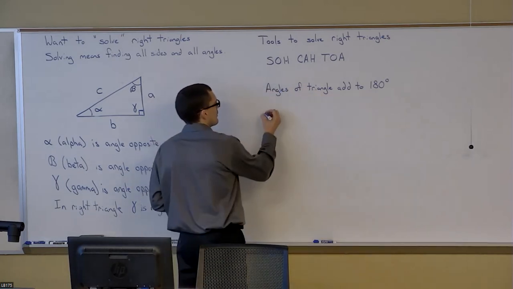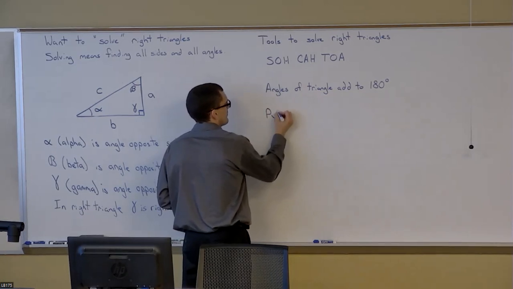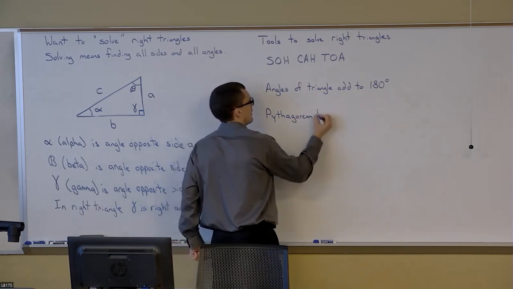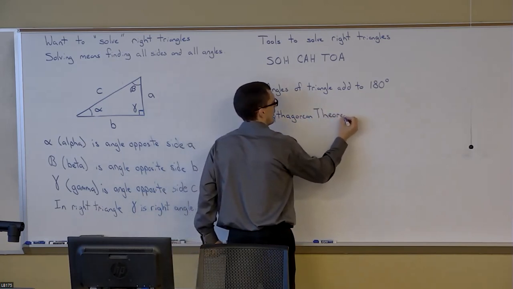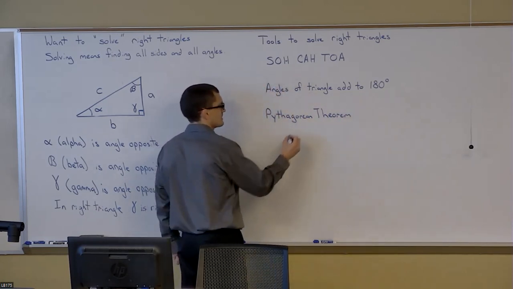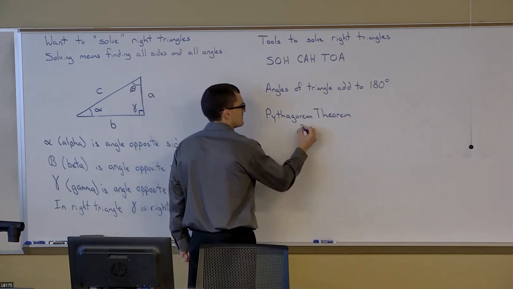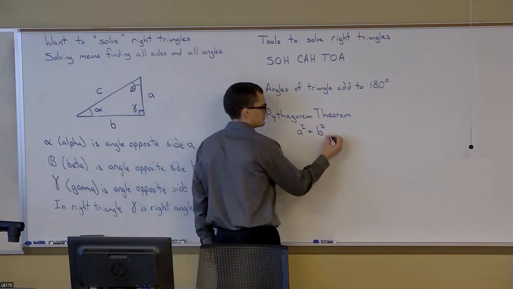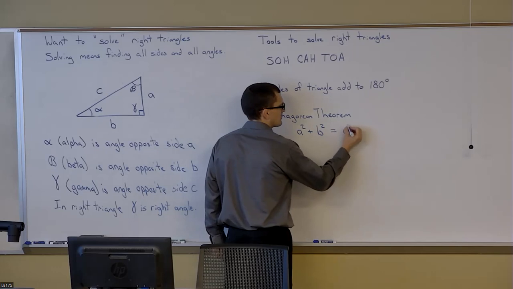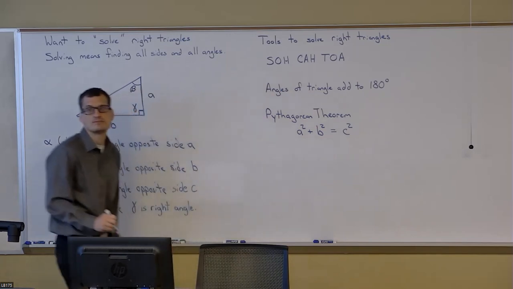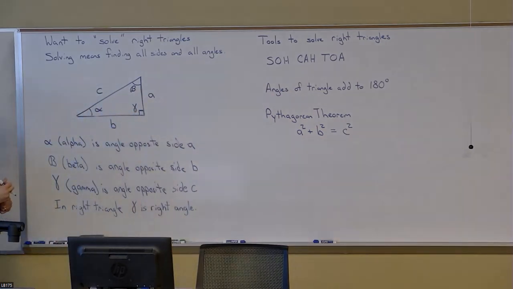The third tool that we're going to use is the Pythagorean theorem, which says that if I square A and then add it to the square of B, you have to get out the square of C. So A squared plus B squared equals C squared.